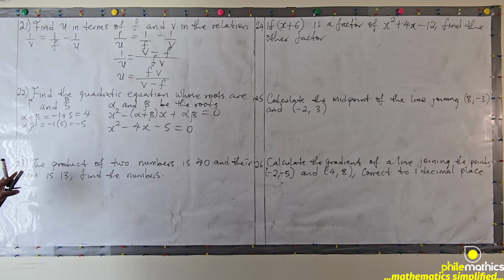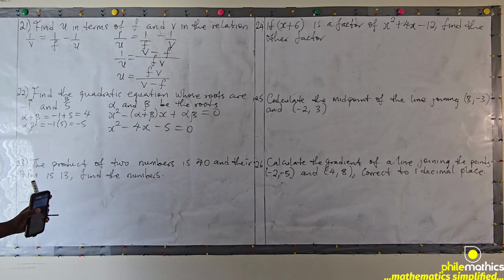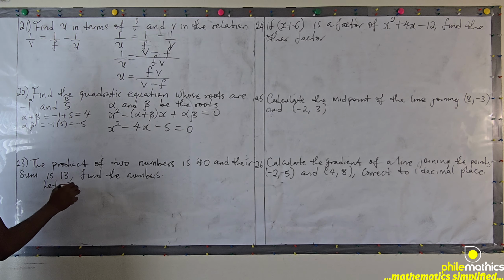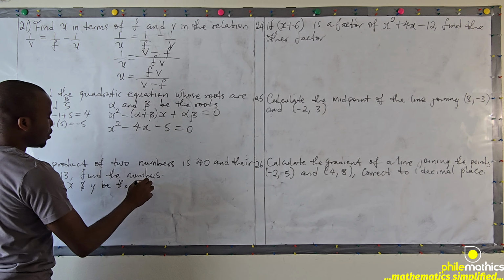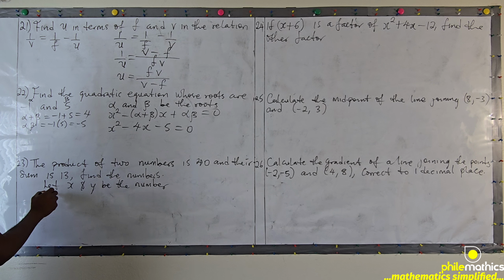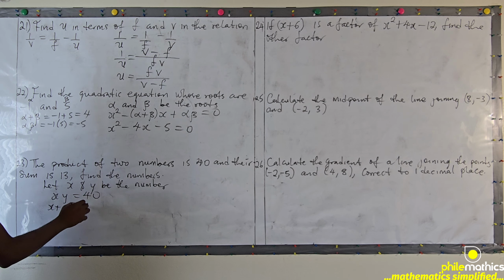equals 0. Question 23 says the product of two numbers is 40 and their sum is 13. Find the numbers. So let x and y be the numbers. The product is 40, meaning xy is 40, and their sum is 13, x plus y is 13.